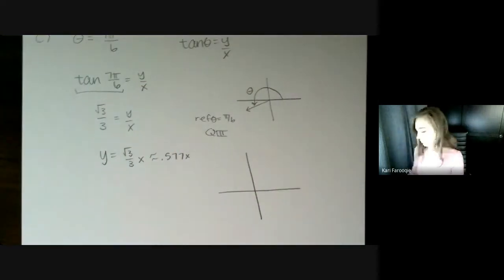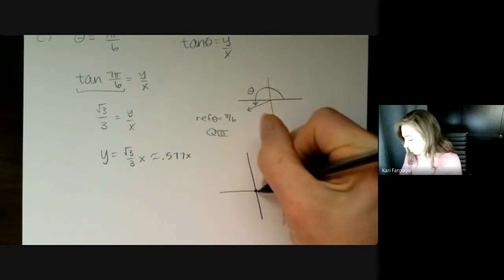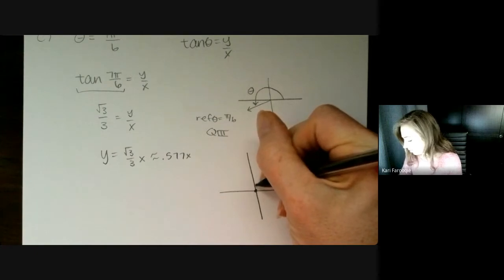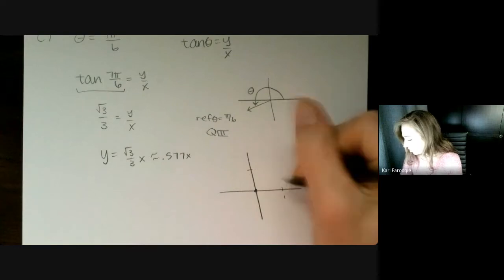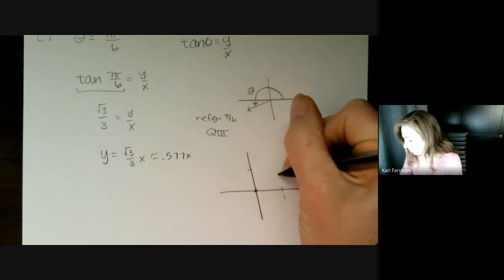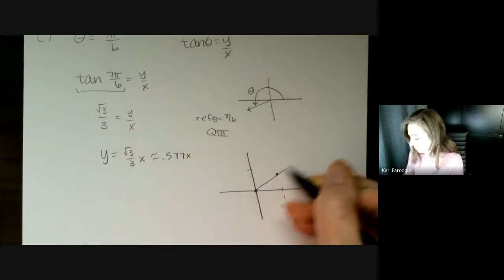Okay, so that's going to be your slope. So the y-intercept is 0, and then you're going to go up about half and then over 1. So that's 1, that's 1. You're going to go up a little more than a half and over 1. Graph that line.